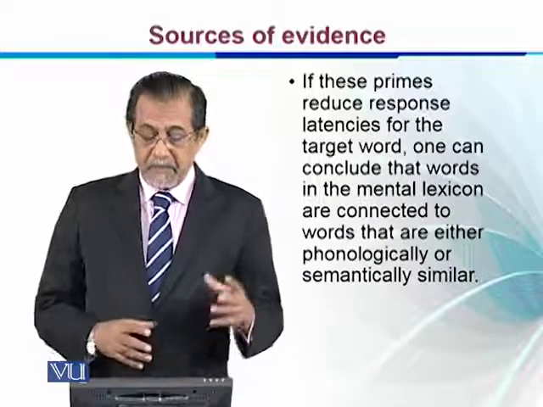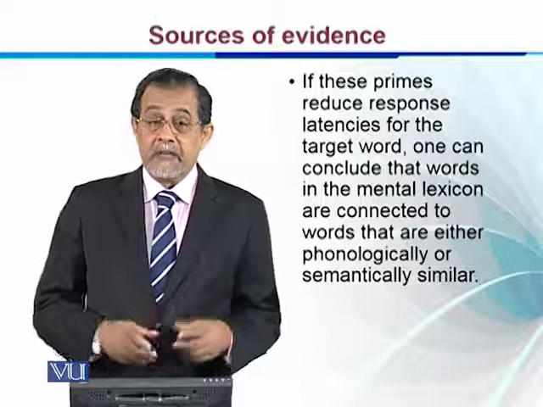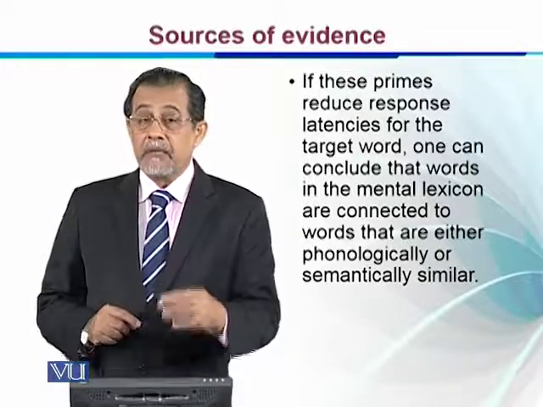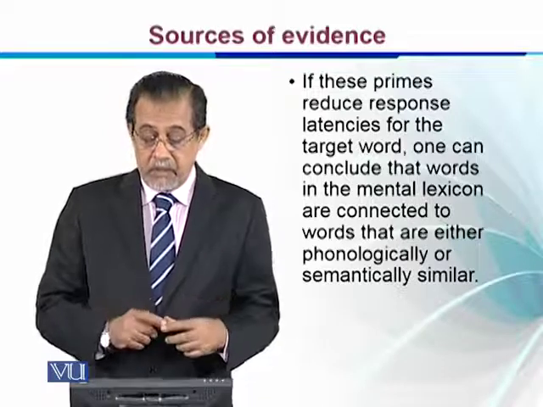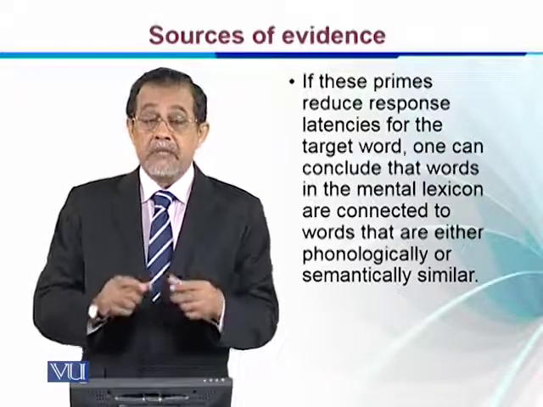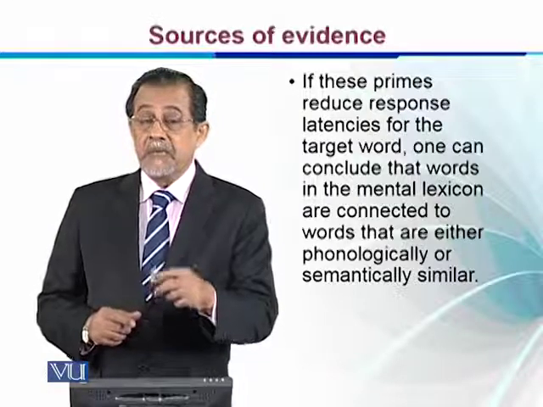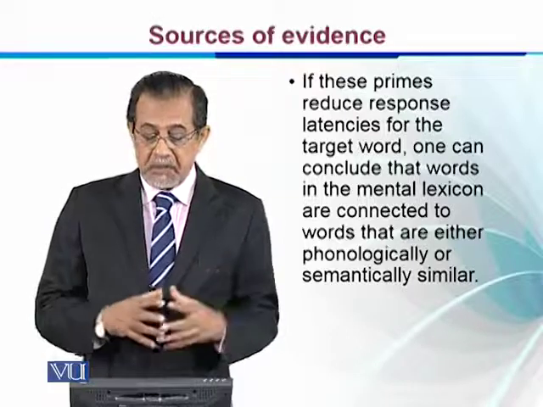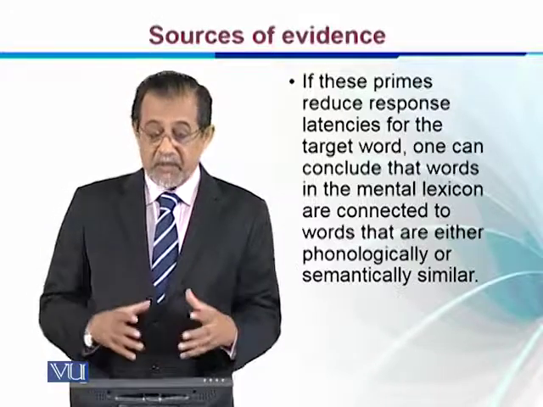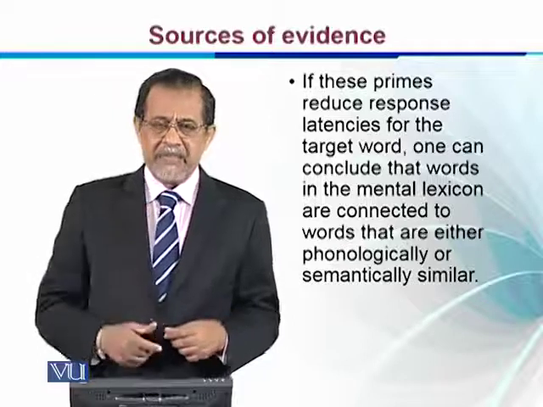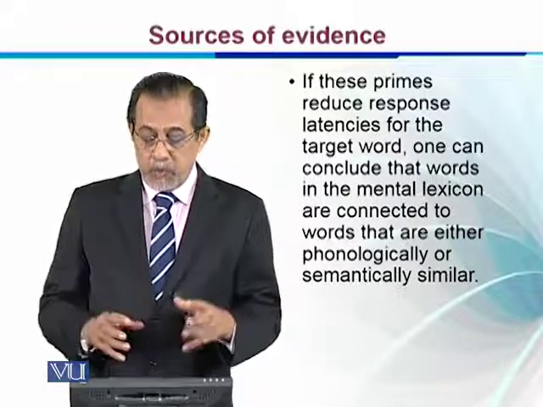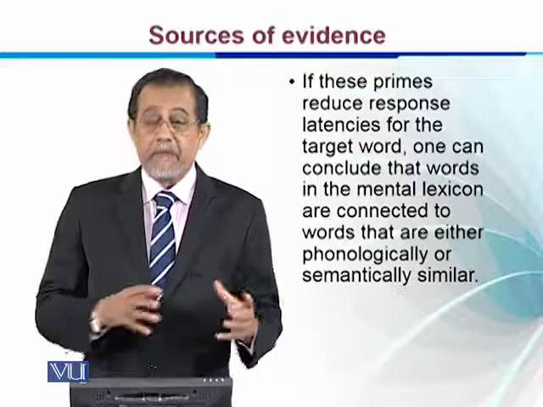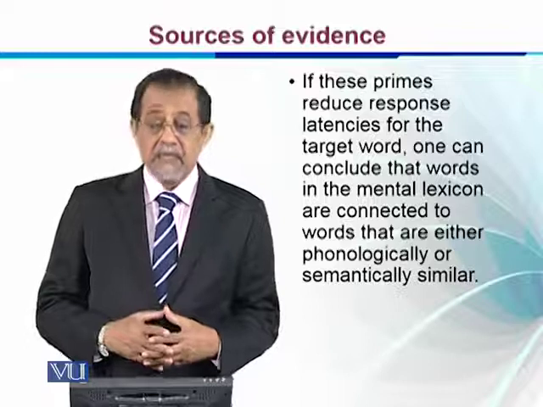If these primes reduce response latency, the duration between the stimulus and the response, for the target words, we will quickly recognize the next word. One can conclude that words in the mental lexicon are connected to words that are phonologically or semantically similar.